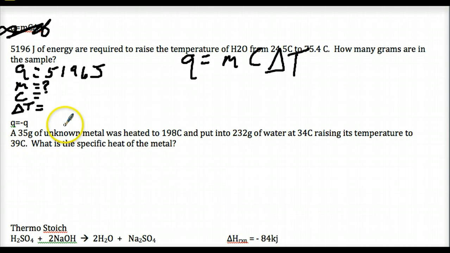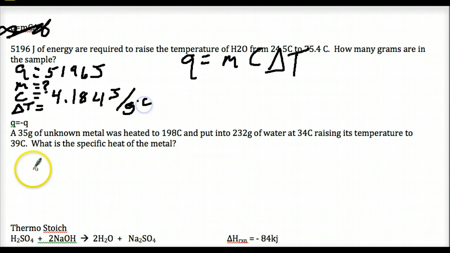You should ask yourself, is that going to be positive or negative? It's raising the temperature, so it's a positive value, endothermic. C is not given in the problem, but it's water, and we know water's specific heat: 4.184 joules per gram degrees Celsius.